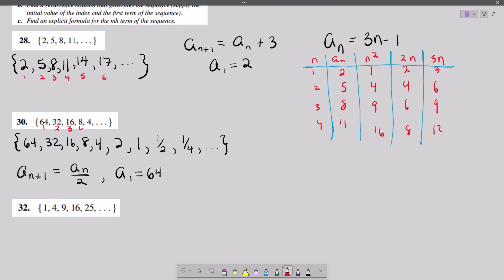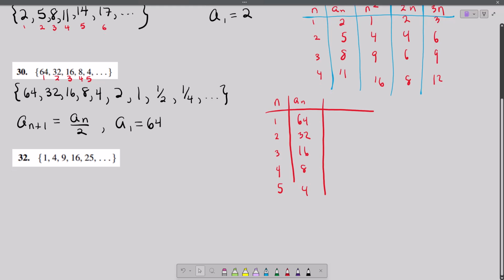Okay, let's see if we can build our function representation. One thing we notice, if we come over here, let's do this little table idea. So if we look at our n values, maybe hopefully 4 or 5 is enough. A sub n, 64, 32, 16, 8, 4.